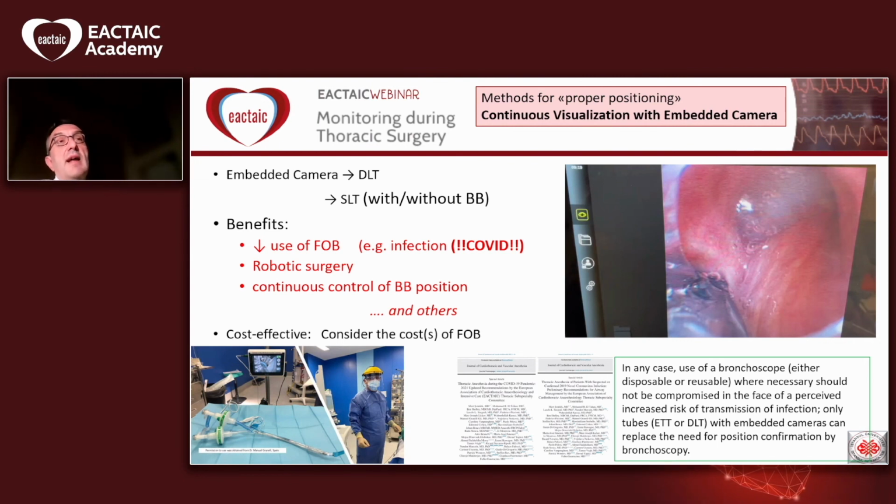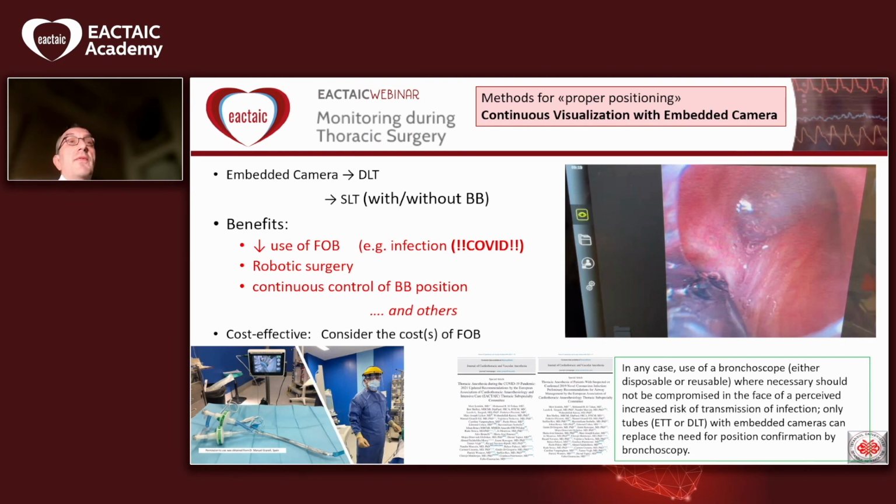I don't say that you don't have to use the fiber optic bronchoscopy anymore, but the need for the fiber optic bronchoscopy is decreased if you use a double-lumen tube with an embedded camera. It can be used in robotic surgery, and in cases that you would like to see the position of the bronchial blocker continuously, this can be also a good idea.